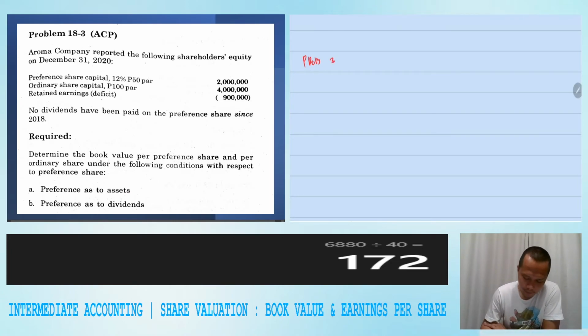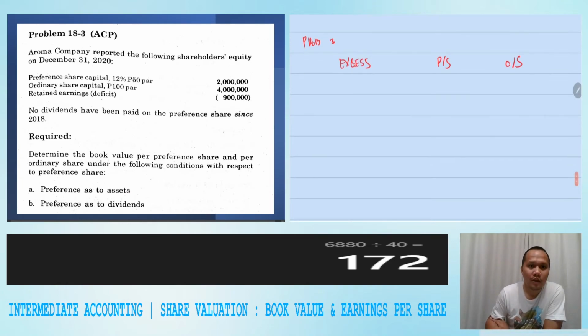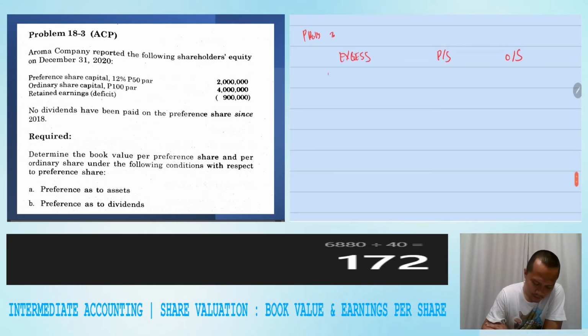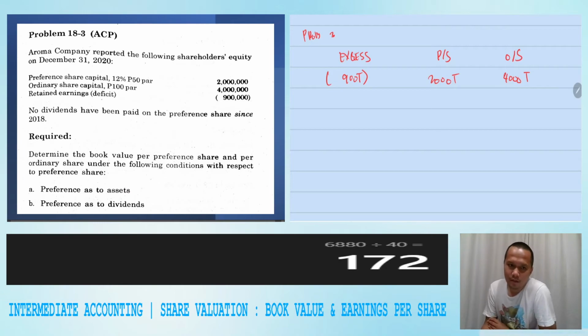So, again, standard table natin para hindi tayo malito. So, the excess, negative ha? See? We have a negative retained earnings. Yung preference share natin, we have a total par value. And yung ordinary share natin, we have 4 million.